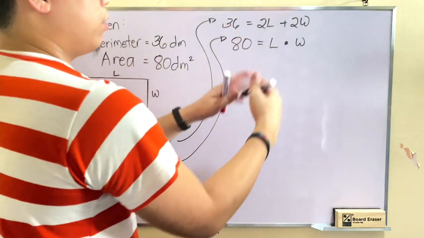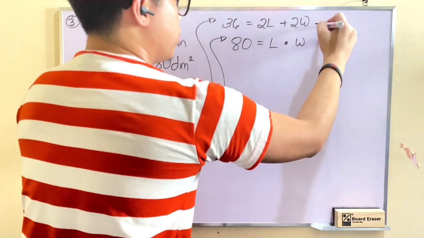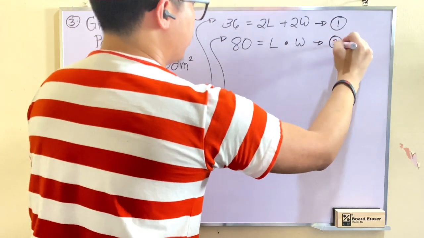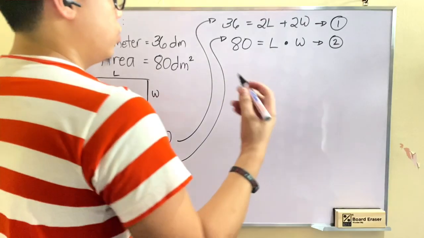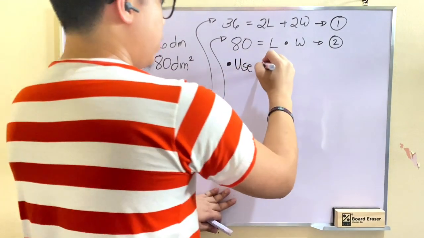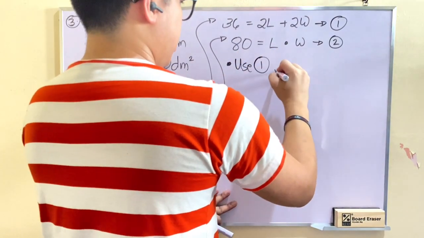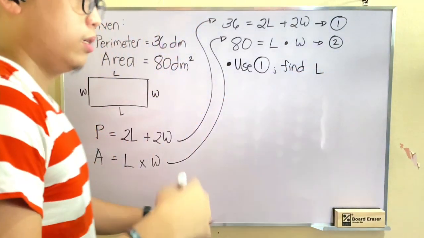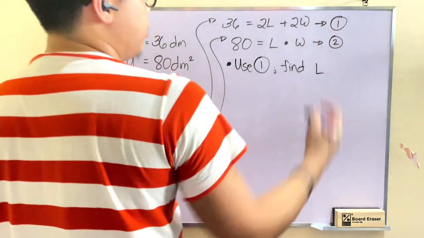From this, meron tayong dalawang equation. Equation number 1 and equation number 2. So, continue tayo. Use equation 1 and find length. Gamitin natin yung equation 1, hanapin natin yung length.